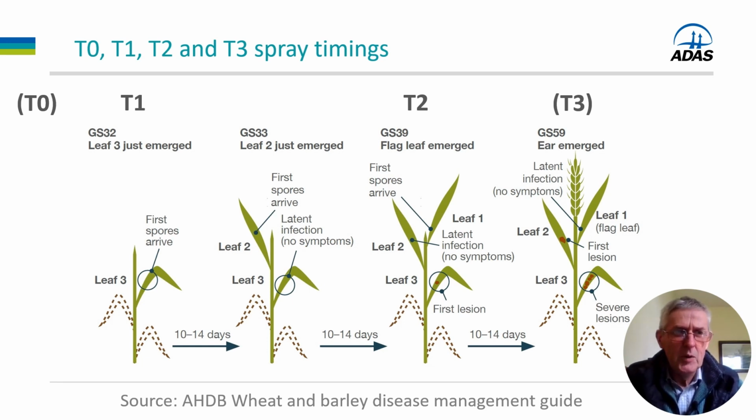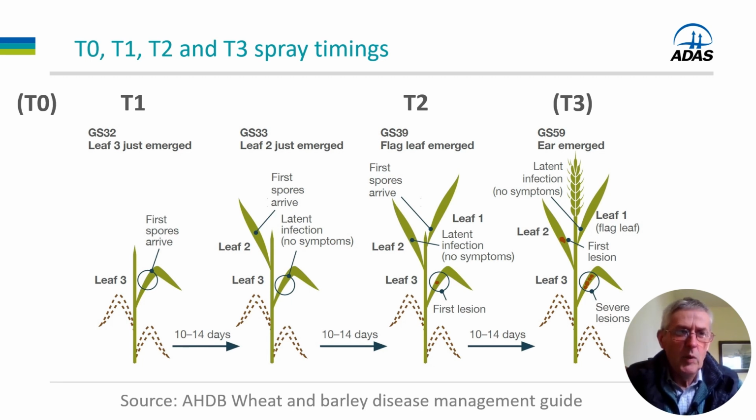So the T0 application is really a kind of insurance spray early in the season before the upper 3 leaves of the canopy emerge. And here we're thinking about winter wheat particularly, where the aim is to protect the upper 3 leaves of the canopy during the grain filling period.